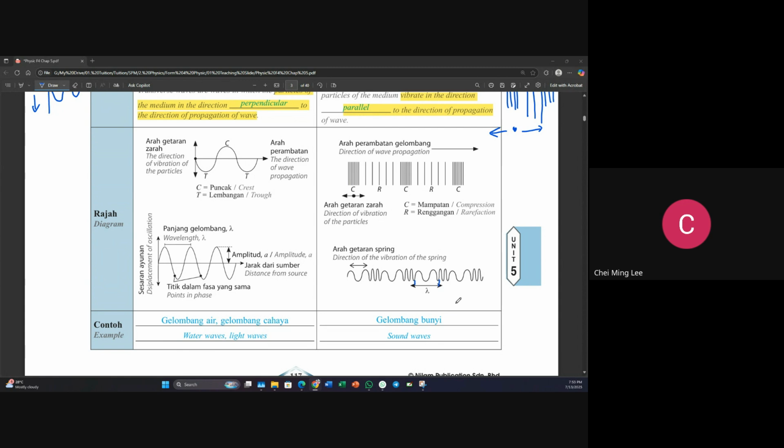Like water, when you drop something, it goes out like this, sustained and continuous. Light also: when you turn off all the lights and switch on your torchlight, you will see a line of light and it's consistent. Normally, that one is transverse. Okay, can you understand? All right, so jot this down.